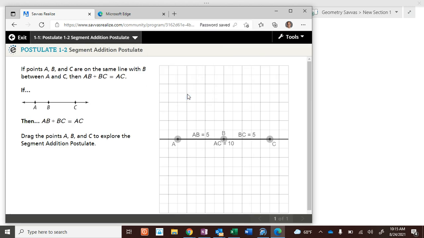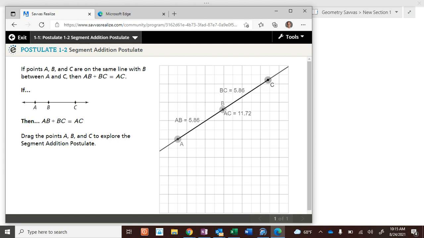So the segment addition postulate says that if we have a segment, to figure out how long AC is, we can take AB plus BC. AB in this case is 5, BC is 5, so AC must be 10. Now if I move this, here AB is 5.86, BC is 5.86.